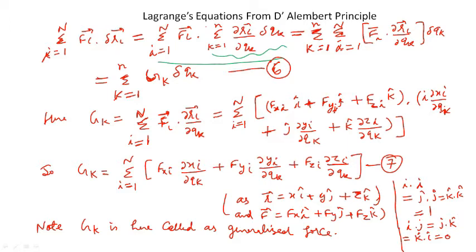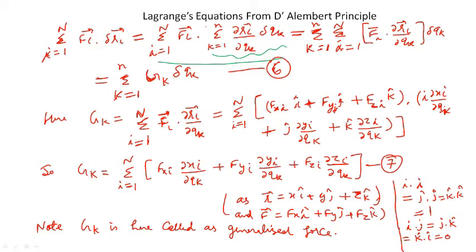Suppose the ith particle has 3 generalized coordinates, and those are q1, q2 and q3. So your term will be like Fi dot del Ri over del Q1 into delta Q1 plus Fi into del Ri over del Q2 into delta Q2 plus Fi into del Ri over del Q3 into delta Q3.